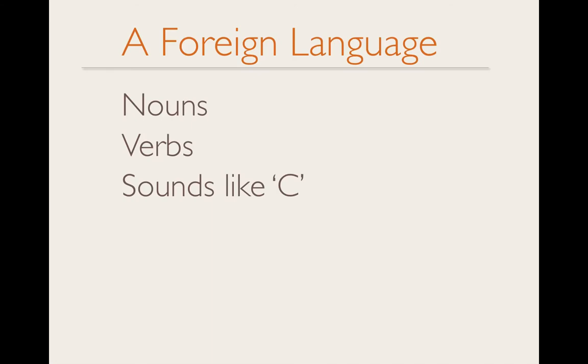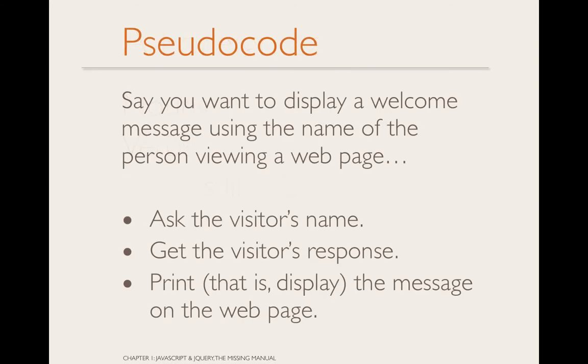And JavaScript, when you look at these nouns and verbs, has a lot of similarity to the programming language C. Nobody is expecting you to know anything about this programming language called C. But if you do know something about C or C++ or C Sharp or Objective-C, JavaScript is very, very similar. They didn't go out and reinvent the wheel. So if you learn JavaScript, you know a lot about a lot of other languages.